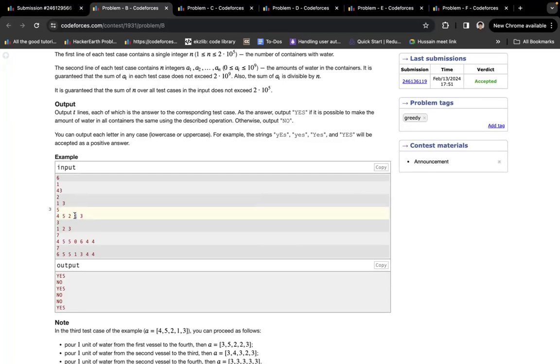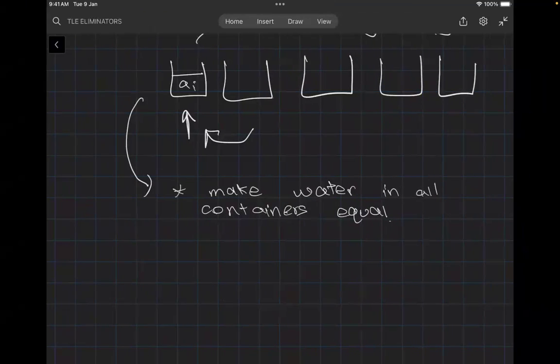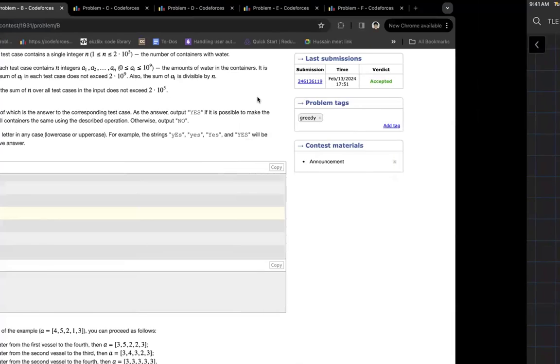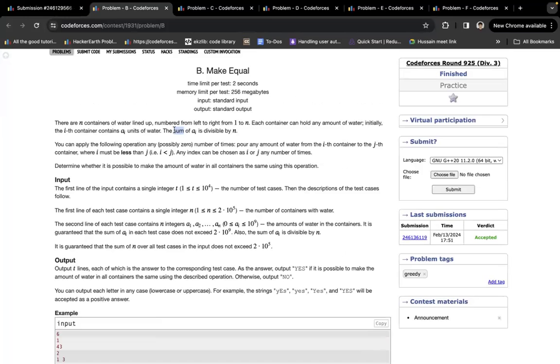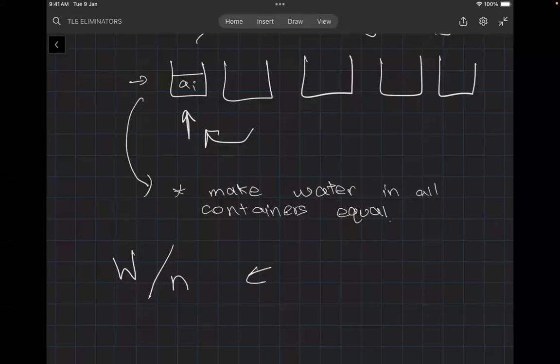So let's say I know the total amount of water, let it be capital W. In each container, how much water should go? It should be W divided by N, right? Now, if W is not divisible by N, this will give us some decimal value. That is why in the problem statement, it is given that sum of Ai is divisible by N. Basically, W is divisible by N.